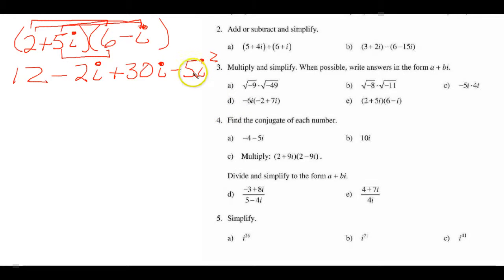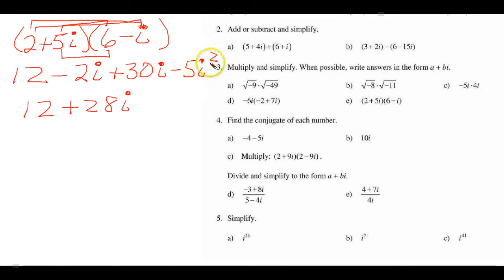Now, as we FOIL this, we see we have like terms in the middle. So we go 12 plus 28i. Now, this is going to be a negative 5i squared. But what did we say i squared was?